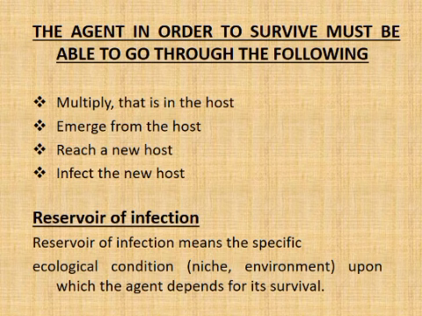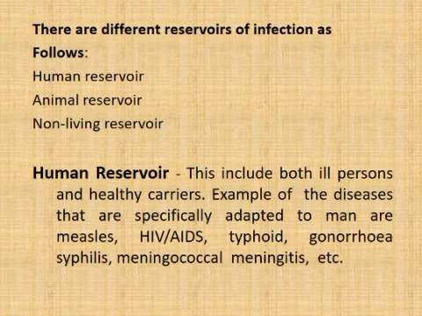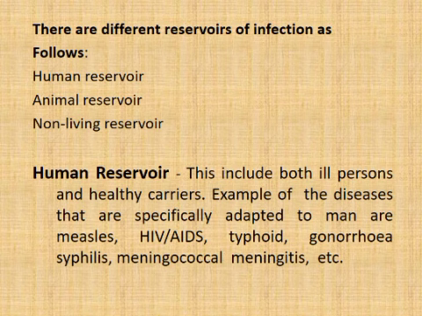Reservoir of infection. Reservoir of infection means the specific ecological condition or niche or environment upon which the agent depends for its survival. There are different reservoirs of infection as follows: human reservoir, animal reservoir, non-living reservoir.